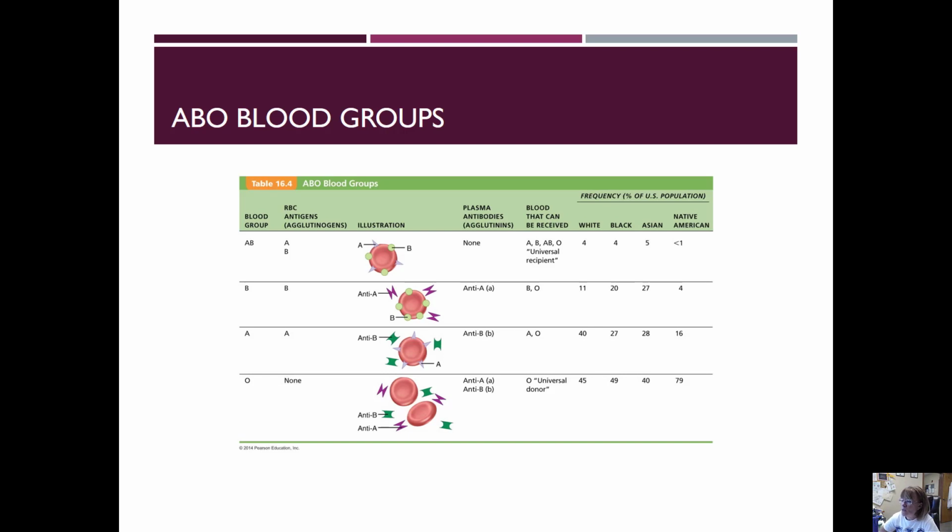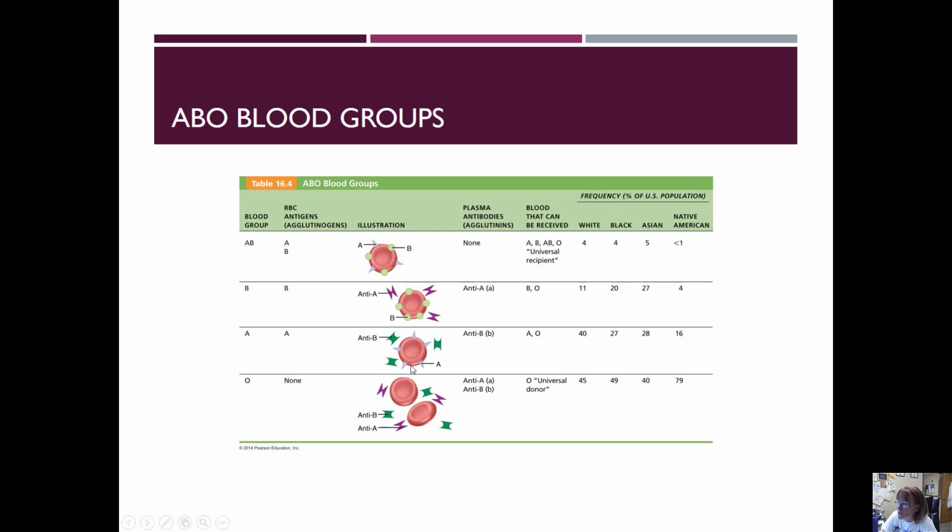Okay, as you can see in this picture, if you express a particular antigen, you will produce the opposite antibody. Let's take type A, for example.